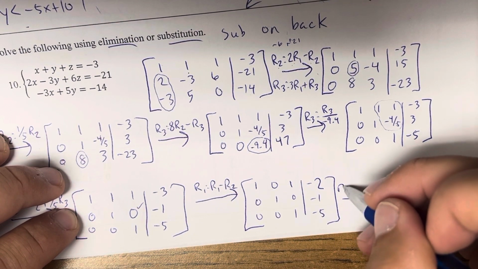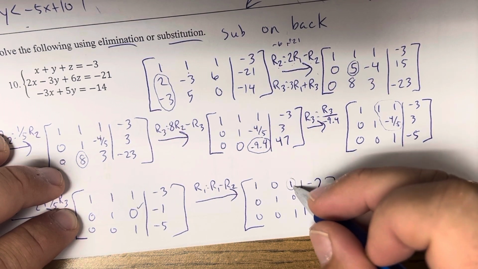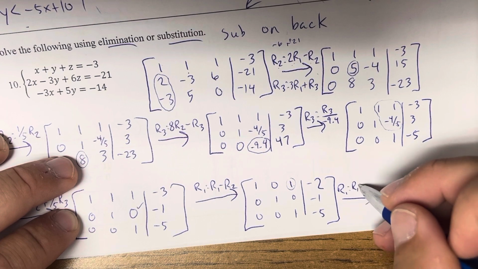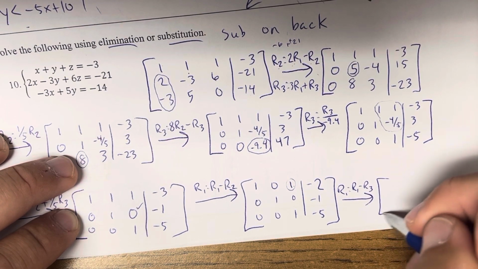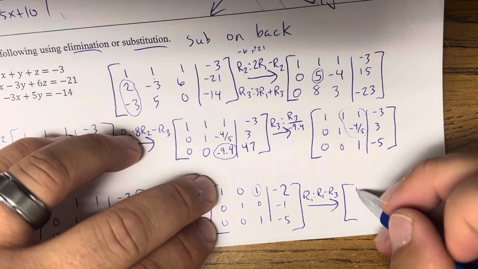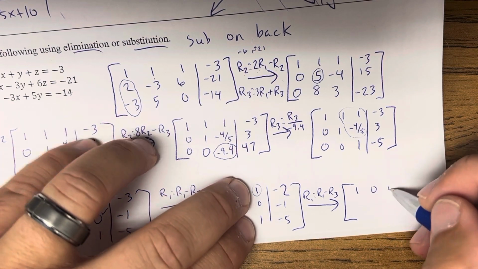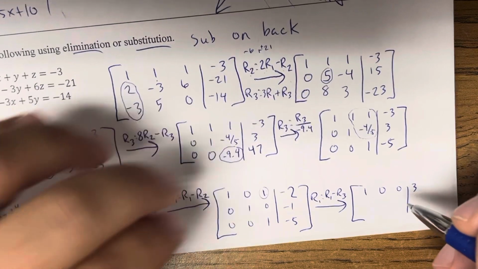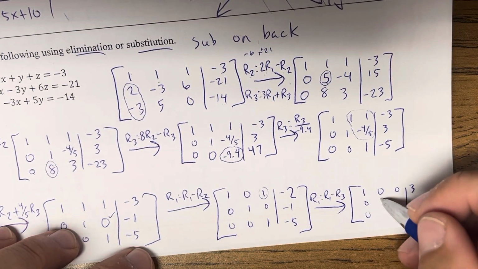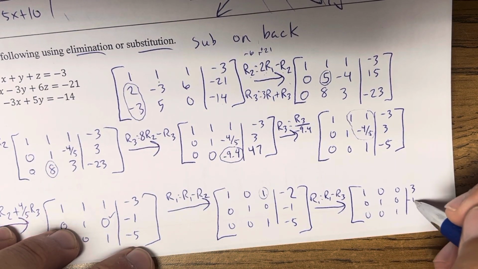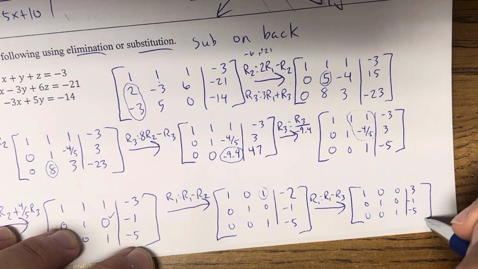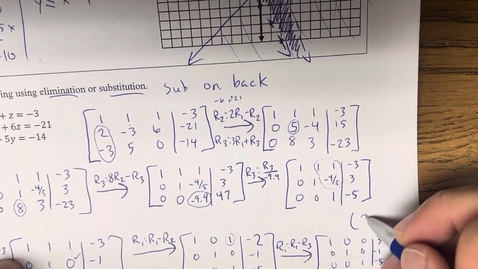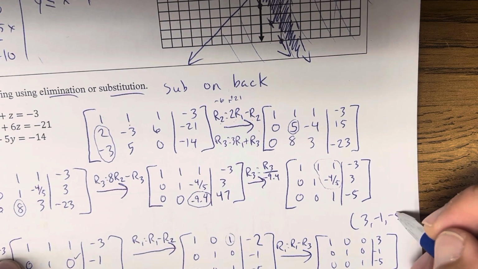And last step for row 1, to make this equal 0, we'll subtract it with row 3 so that we don't change the other 2 pieces. And so row 1 minus row 3. It becomes 1 minus 0 is 1, 0 minus 0 is 0, 1 minus 1 is 0, negative 2 minus negative 5 is 3, and then everything else stays the same. 0, 0, 1, 0, 0, 1, negative 1, negative 5. And so these are our answers right here, which is 3, negative 1, negative 5.